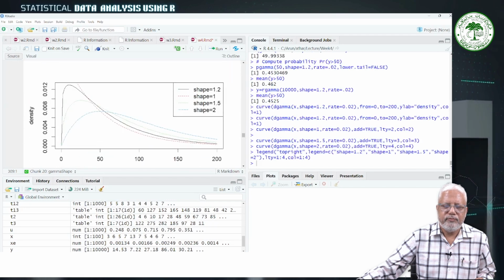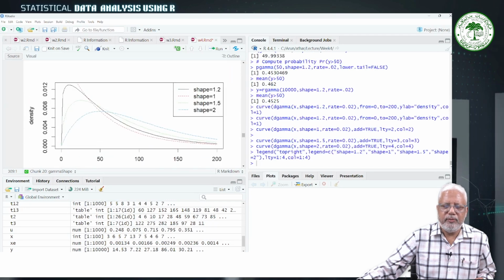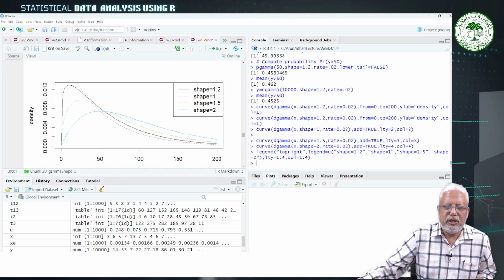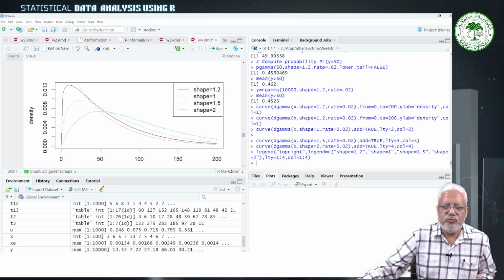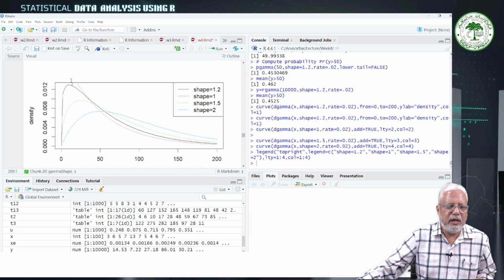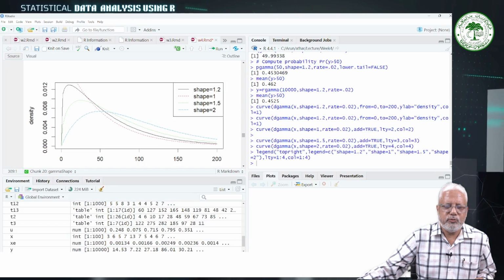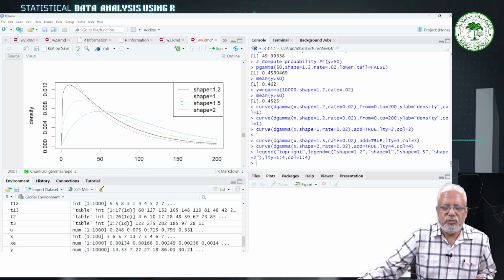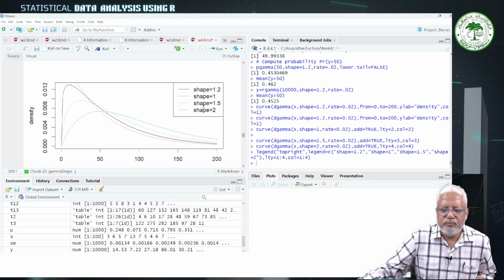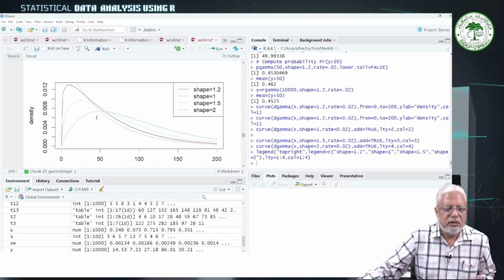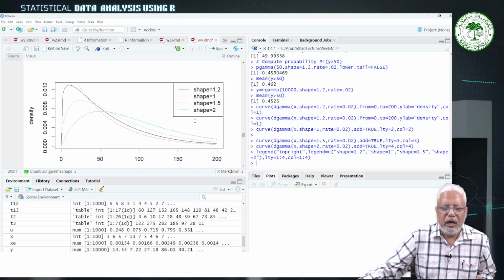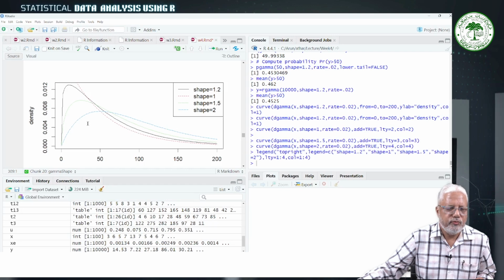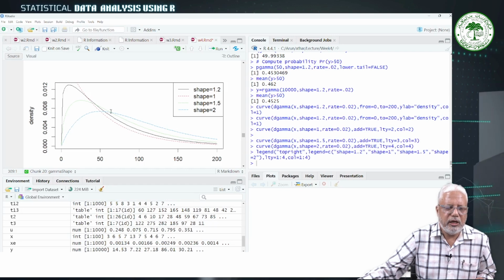See, this is because of the legend command. This solid line is shape 1.2, and then shape is equal to 1, it is the red line, this one, this is the exponential distribution. With shape is equal to 1.5, it is this one which is green, and with shape is equal to 2, it is the dashed line.